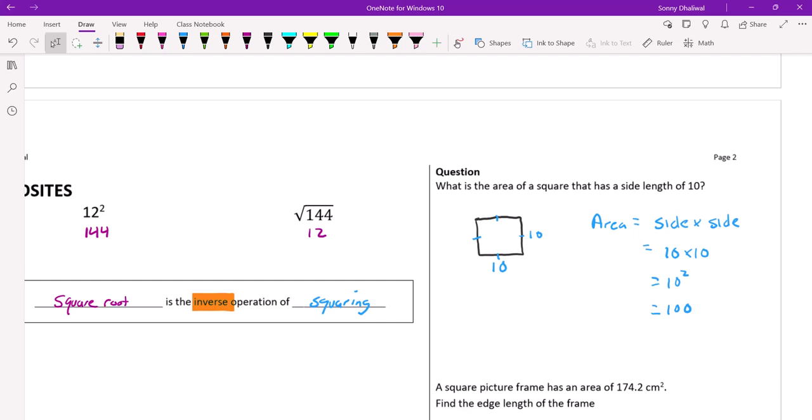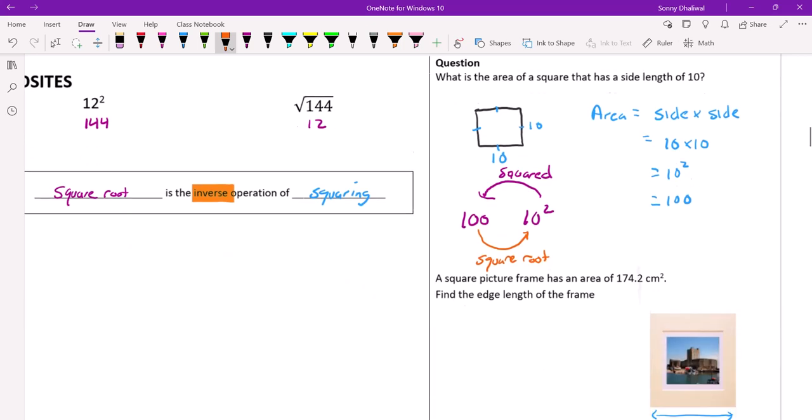Squaring it. Well, we squared to go that way. To go this way to figure out this number, we need to square root.